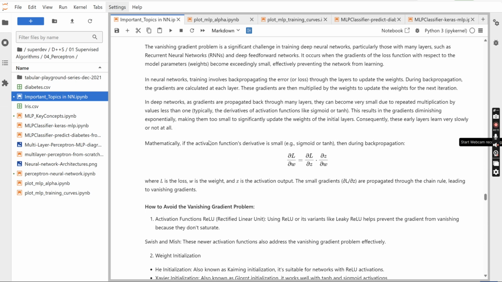So you can read it here. When you are training and back propagating the errors, that is the loss, gradients are calculated at each layer, and those gradients are multiplied by weights. Gradient is alpha into some weight value, and you are updating the weights by subtracting that.